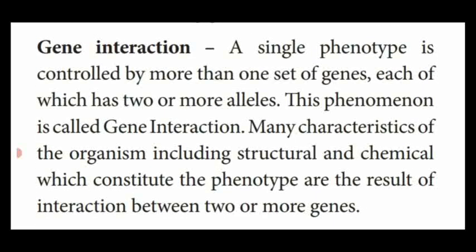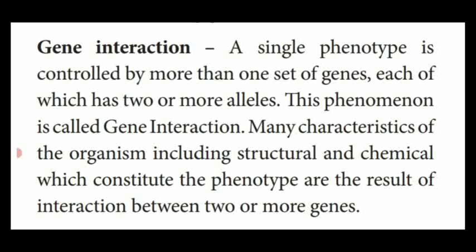So the important 2-mark question: what is gene interaction? A single phenotypic character, that is an external character, controlled by more than one gene, more than one set of genes, each of the genes having a pair of alleles or more alleles.